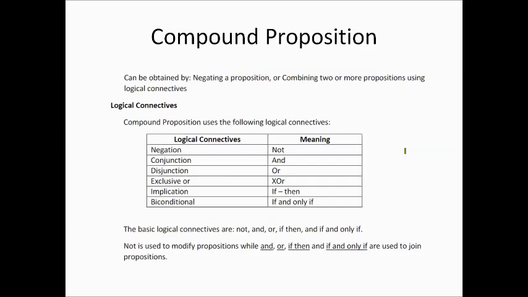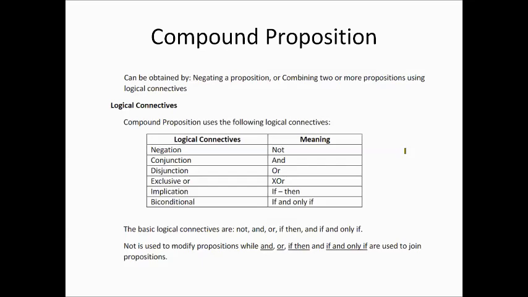Okay, now we are to discuss the compound proposition. It can be obtained by negating a proposition or combining two or more propositions using the logical connectives. For the logical connectives, we have 6 kinds.